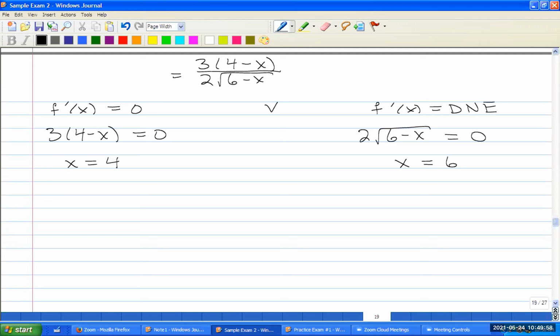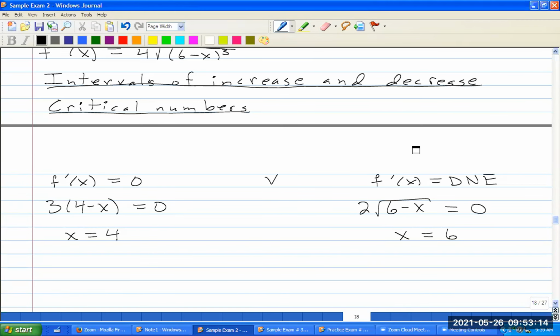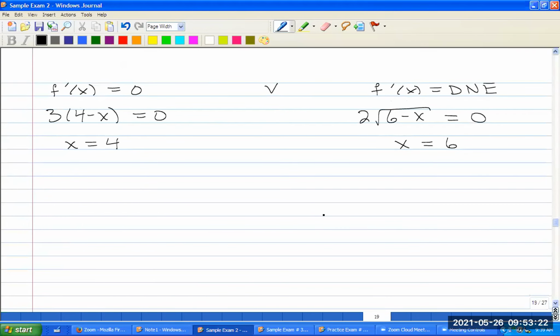Okay, this actually occurs at one of the endpoints of your domain. And so I have here that x is equal to 6, which is an endpoint. So let's try to determine where this function is increasing and decreasing.